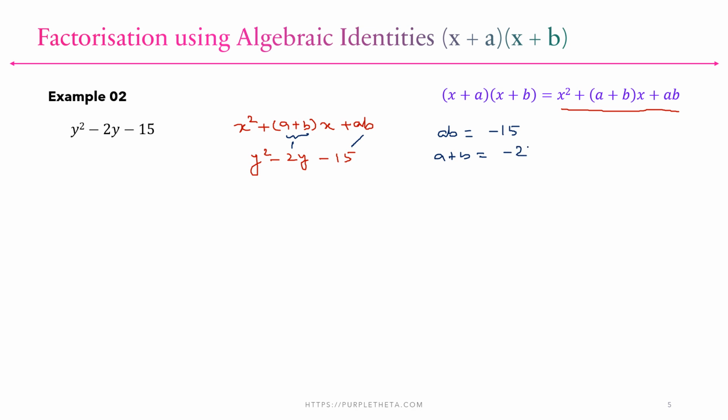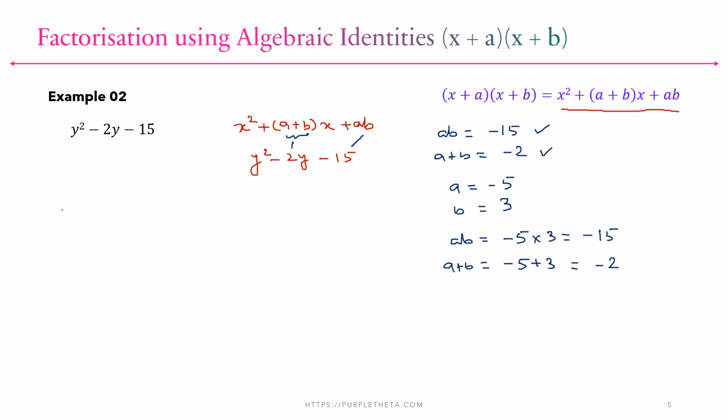Okay. So in this case also we need two numbers whose product is minus 15 and whose sum is minus 2. Right? And these numbers are a is equal to minus 5 and b is equal to 3. This way ab is equal to minus 5 into 3, that is minus 15, and a plus b is equal to minus 5 plus 3, that is minus 2.